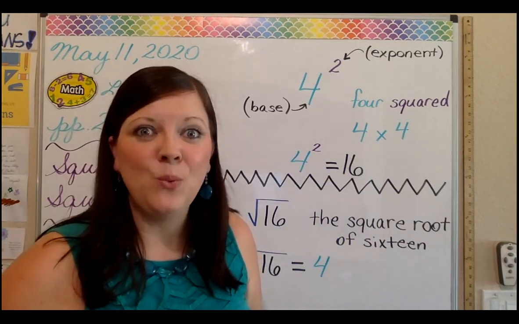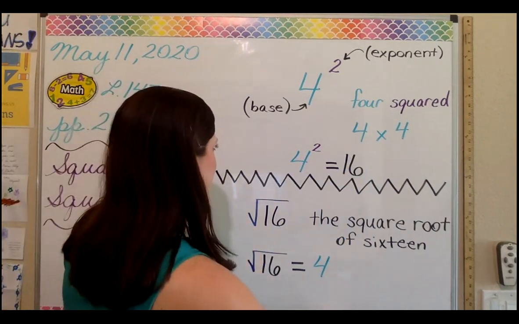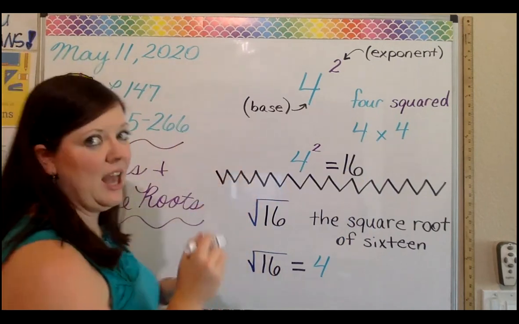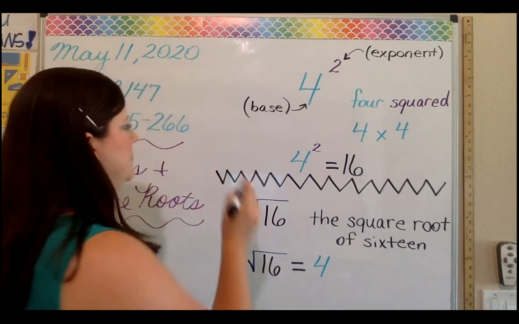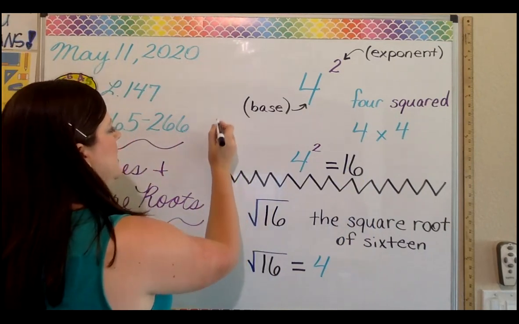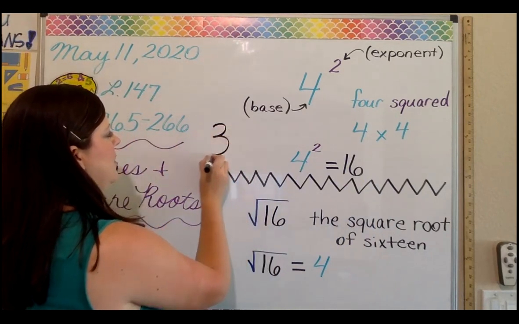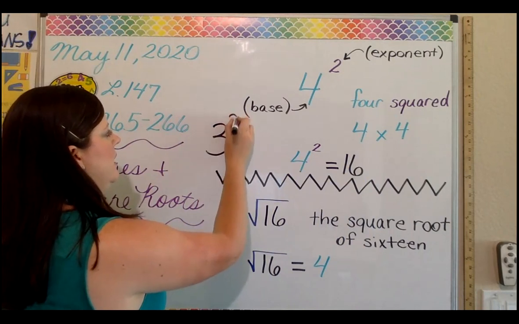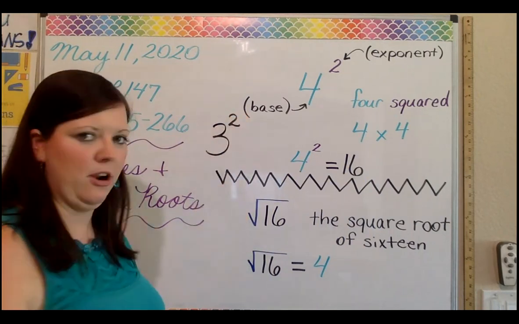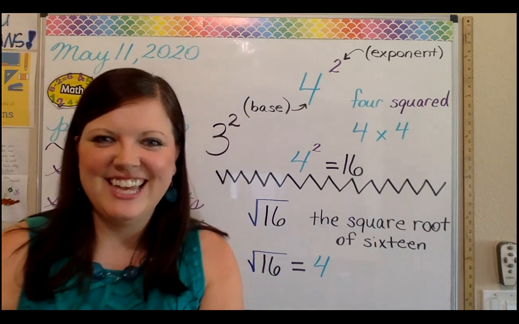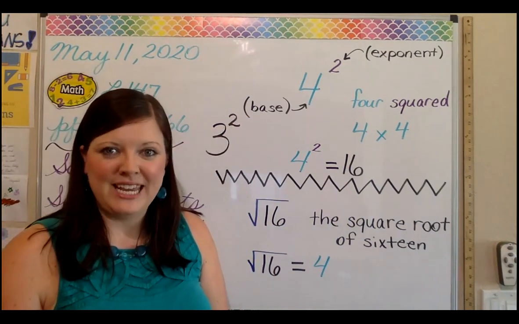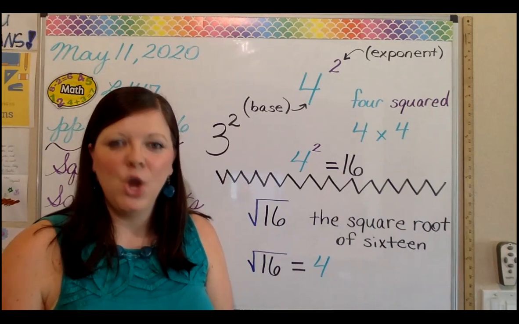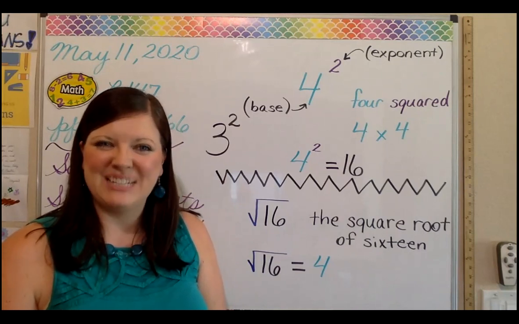Let's try it with a new one. I'm totally making this up, so I'm going to use another number. Let's say 3, and then this little guy right here, okay? How would you read that? 3 squared. Which of those 2 numbers is the exponent?